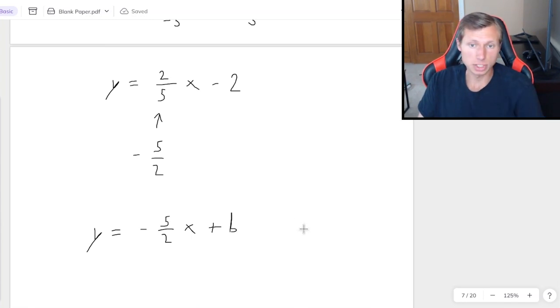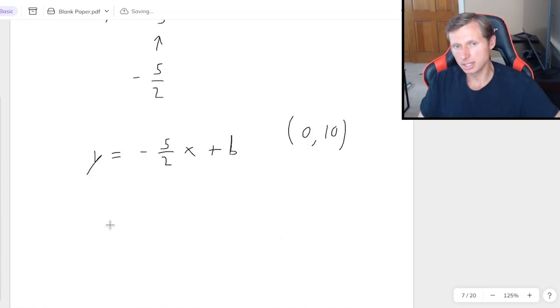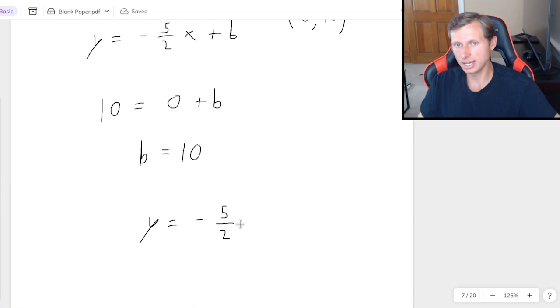And now all I gotta do is solve for b using the coordinate point they gave us, which was 0, 10. So x is 0, y is 10. So that's going to be 10 equals anything times 0 is 0, which is nice, plus b. Looks like b is going to equal 10 here. So then my final answer is y equals -5/2 x plus 10.